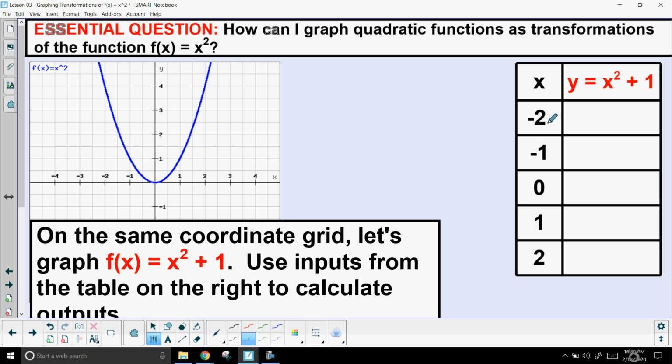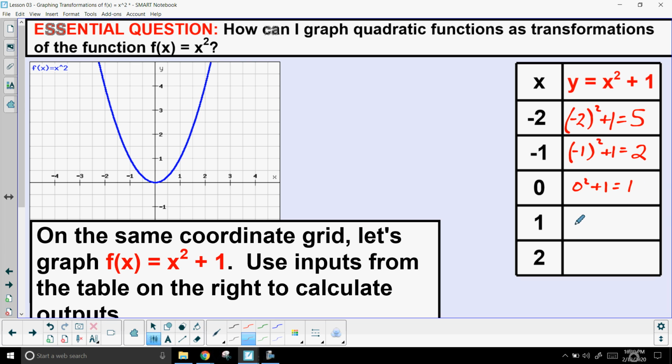So if we were to plug in negative 2 where the x is, we would have (-2) squared plus 1. (-2) squared is 4. 4 plus 1 is 5. Do the same thing for the rest of them. (-1) squared is 1. 1 plus 1 is 2. Okay. 0 squared is 0, plus 1 is just going to be 1.